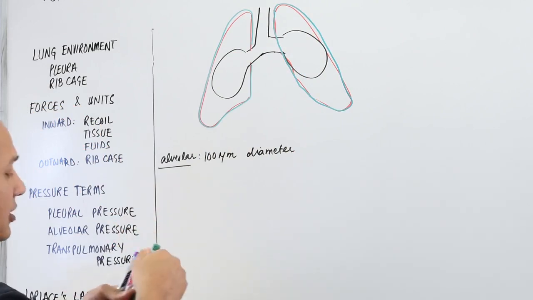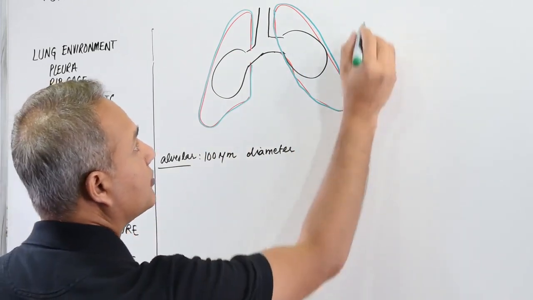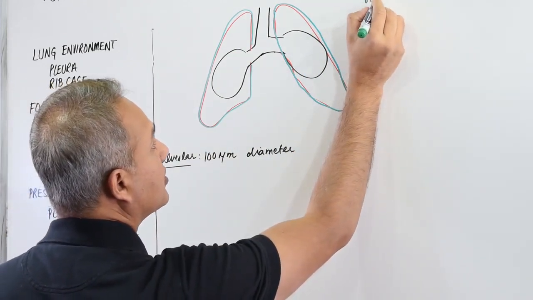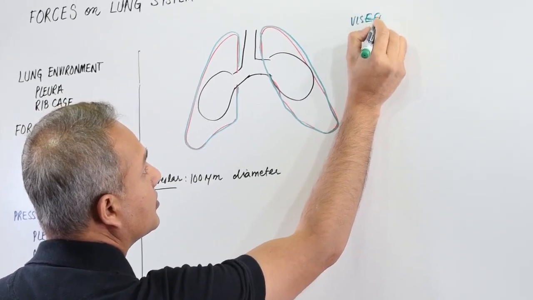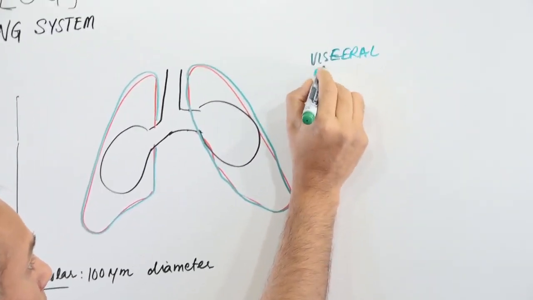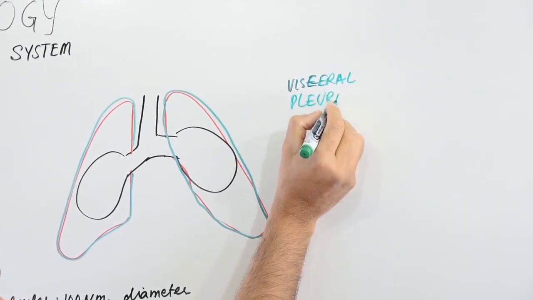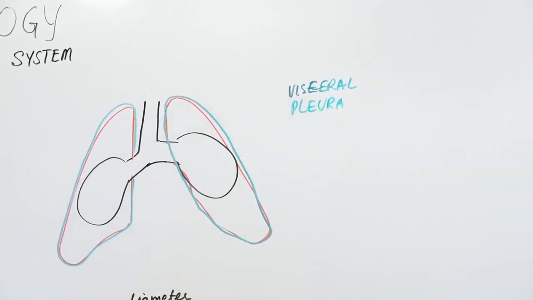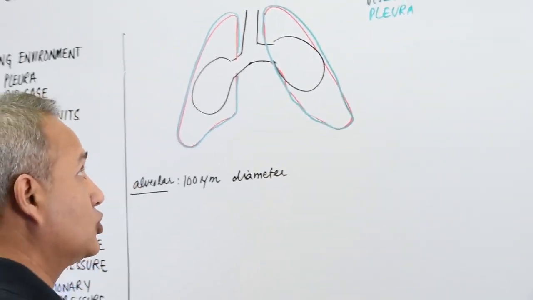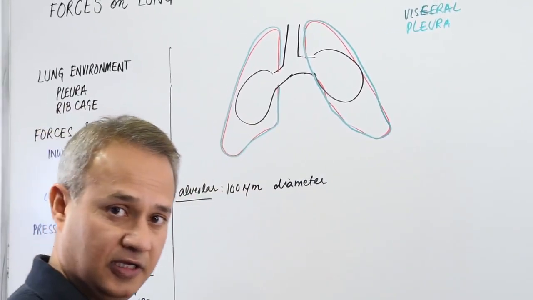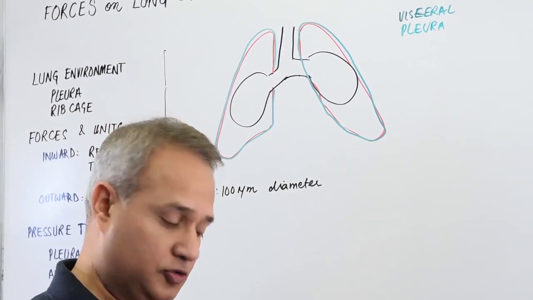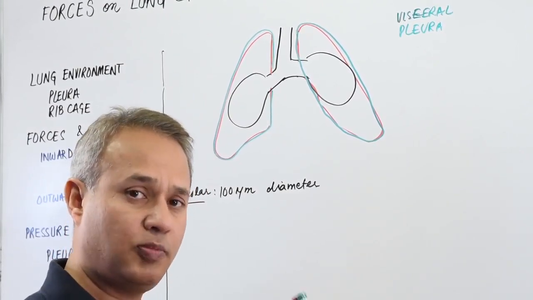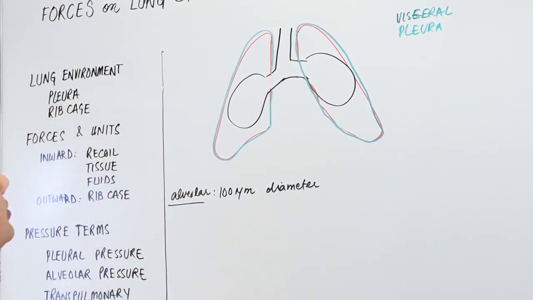We have the visceral pleura. This is a connective tissue, membrane-like structure that is connected firmly with the outer side of the lung tissue. You can almost think it is part of the lung tissue itself.